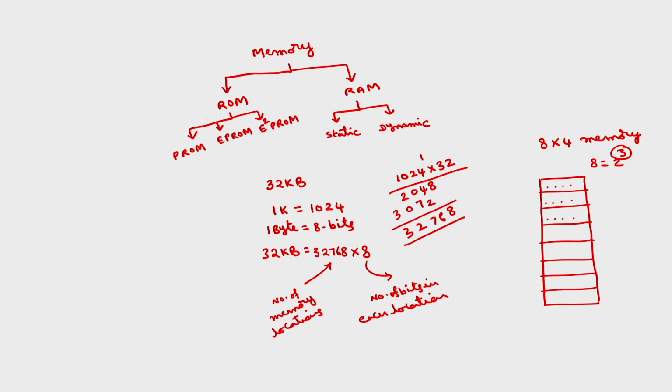We call this the address. The address of the first location will be 000, then the second one is 001, 010, 011, 100, 101, 110 and 111.